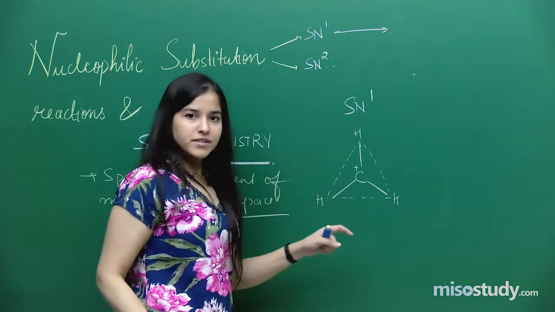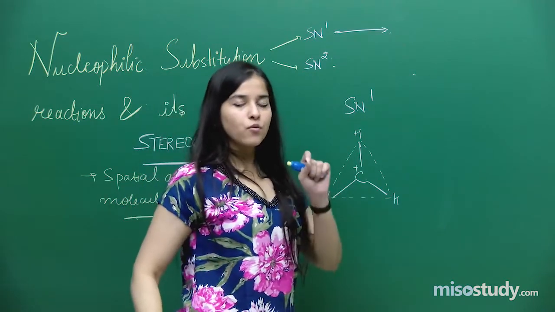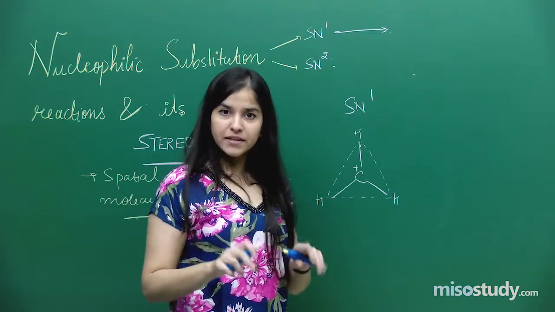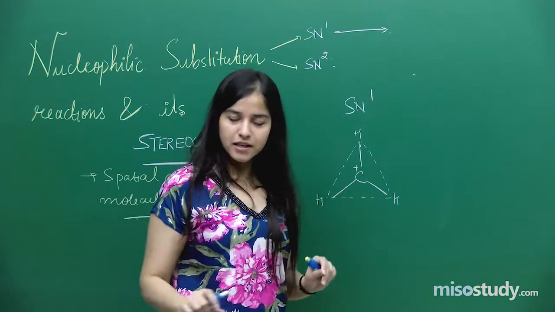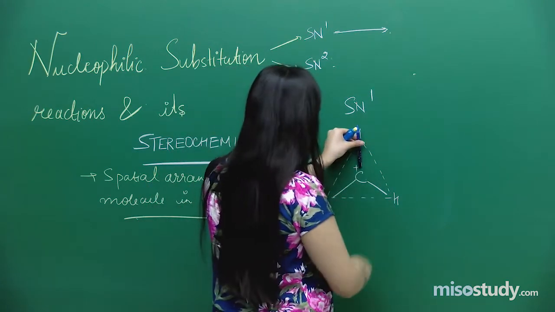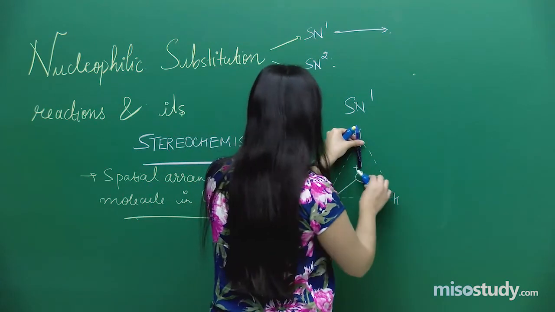And this carbocation was trigonal planar. That means it was present in a single plane.